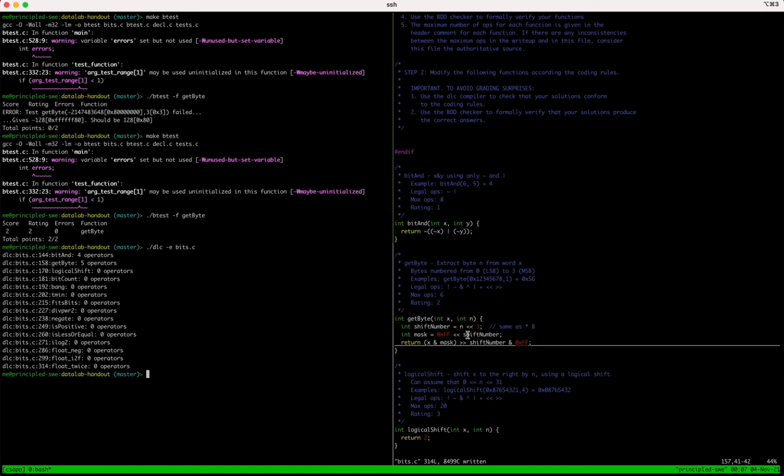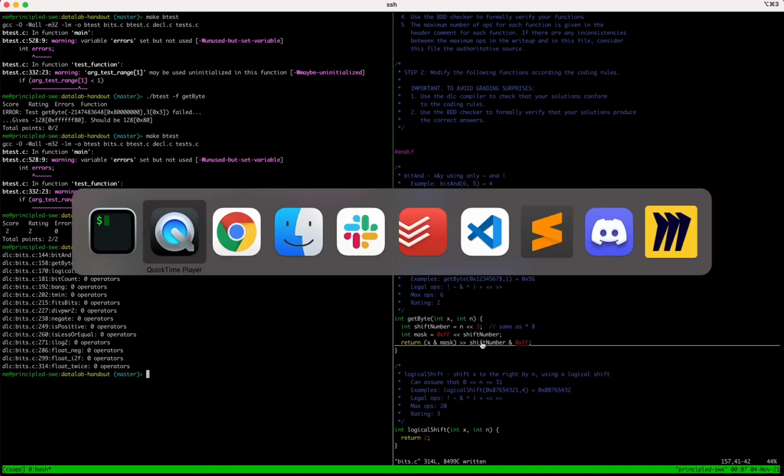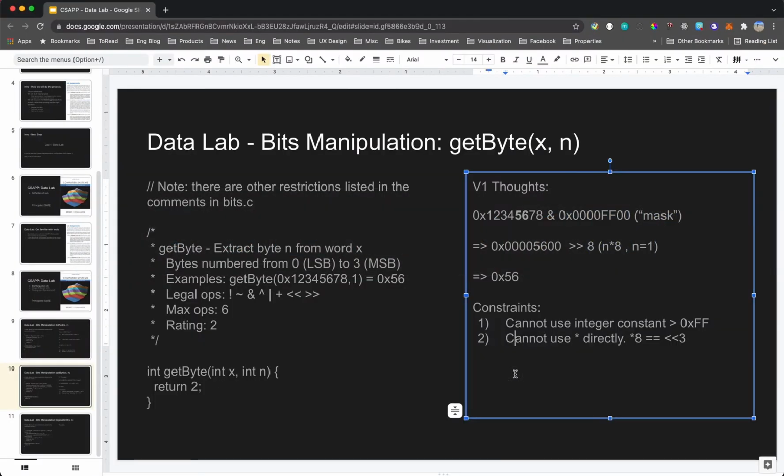How about we just do not shift the mask left and then shift the number back here again? What about if we just shift the input number x to the right side by the same shift number here? Will that save us something?